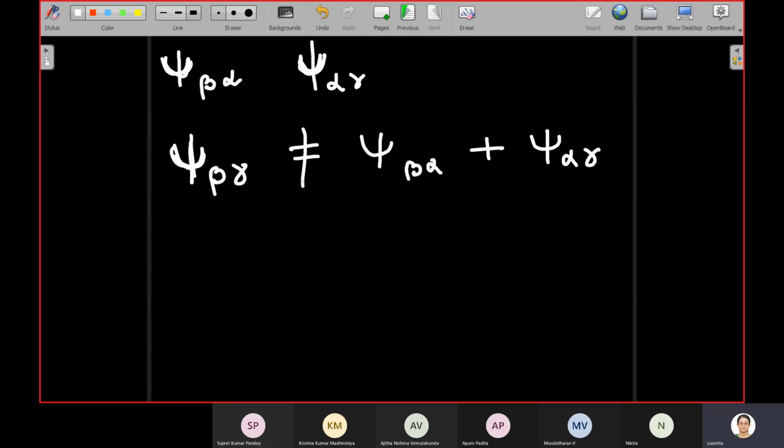Don't think that. So they do not add. The rotations are not additive. So Euler rotations are not additive. This is the Euler rotation from beta to alpha, and this is the Euler attitude from alpha to gamma. So simply by adding them, you will not get the Euler rotation from beta to gamma. So Euler rotations are not additive.